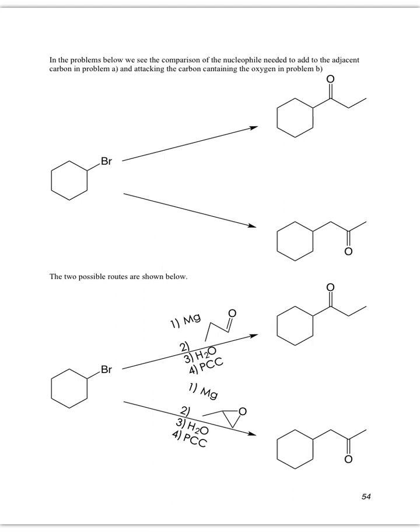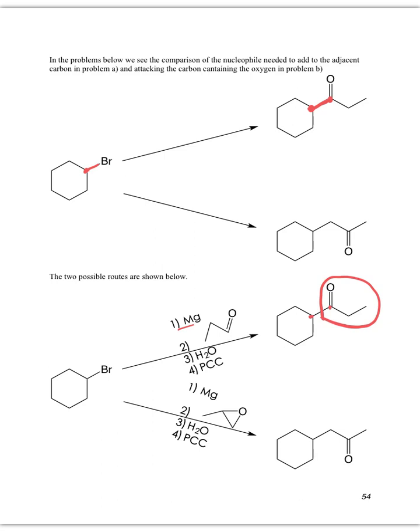So here we see we have a carbon with a bromine on it, and we need to form this bond between the cyclohexyl and the carbonyl. So we're forming a bond that goes to the atom with the oxygen off of it. So the only thing we have to do is make a Grignard and then add into that Grignard a 3-carbon aldehyde, because the Grignard is bonded to the carbon that has the oxygen on it.